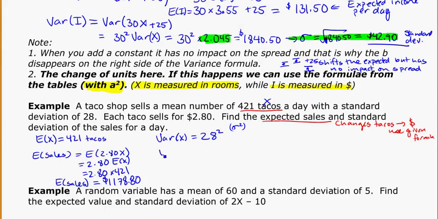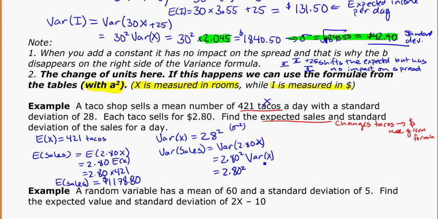So the variance of the sales is going to be equal to the variance of $2.80 times the random variable. And this is going to become $2.80 squared times the variance of x.